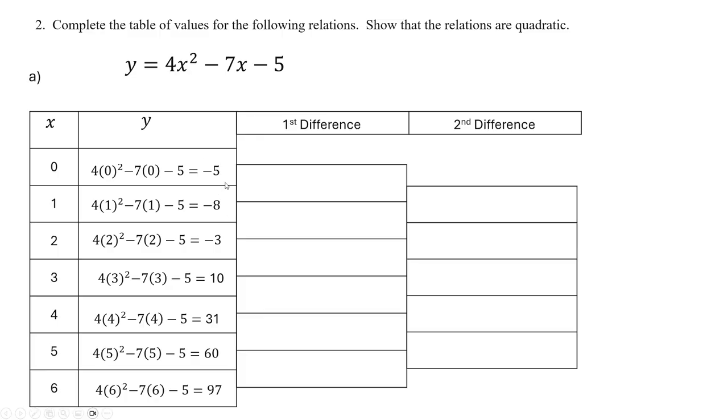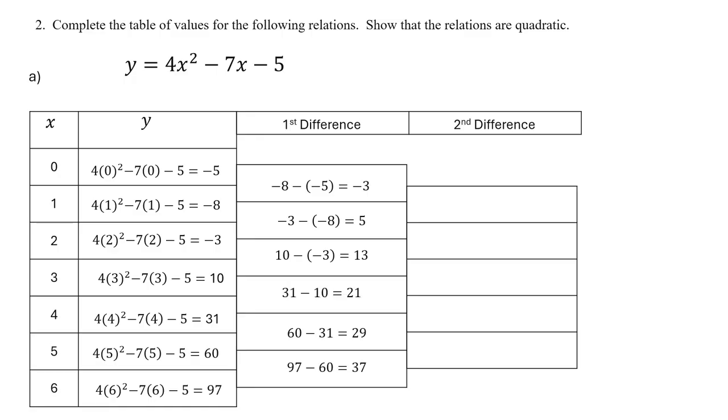So -8 minus -5 gives us an answer of -3. We'll do it for the rest. And we see that our first differences are all different. So we know that the equation is not linear because the first differences are all different.